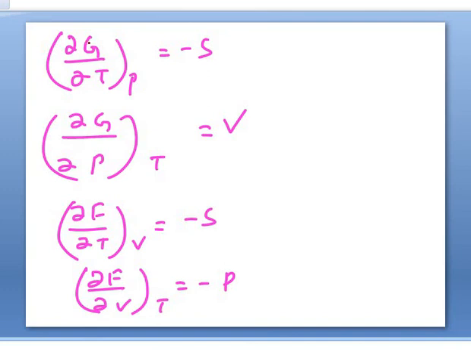Now finally, from Gibbs free energy we get dou G by dou T at constant P equal to minus S, dou G by dou P at constant T equal to V, dou F by dou T at constant V equal to minus S, and dou F by dou V equal to minus P. So from both these free energies you will get the basic quantities like volume, pressure, entropy, etc. All these are thermodynamic functions: the internal energy, enthalpy, Helmholtz free energy, Gibbs free energy.